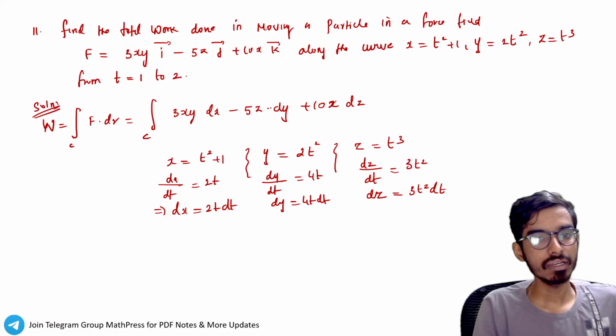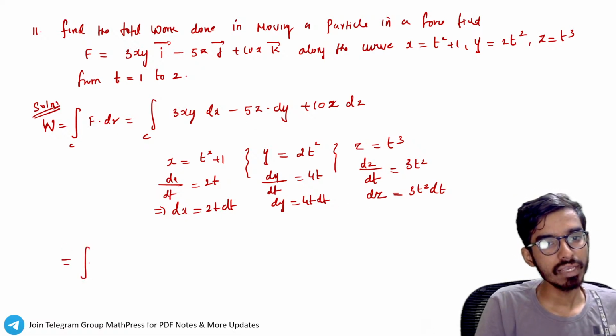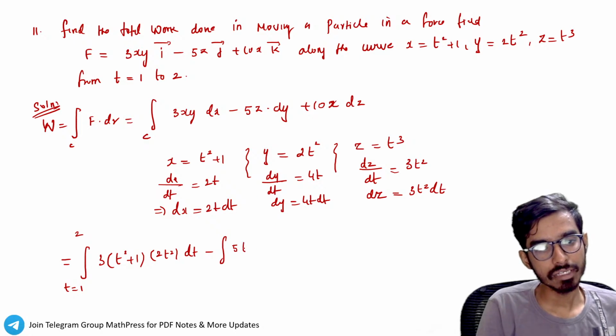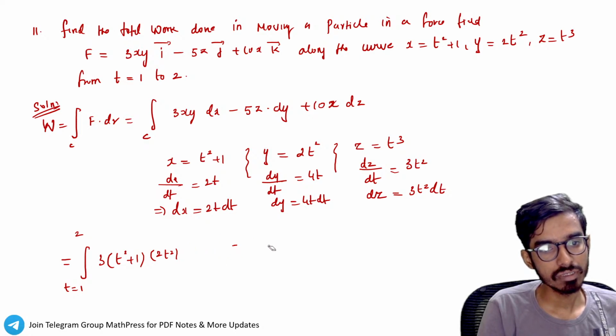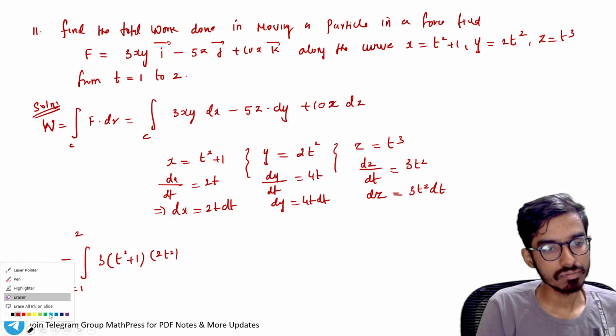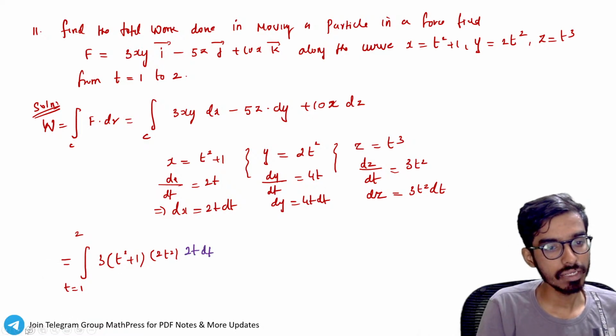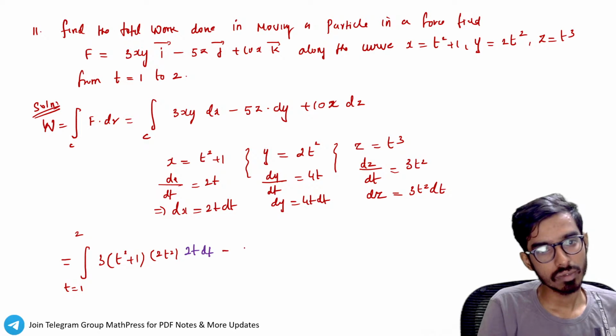So we'll convert everything in terms of t now. They are given t varies from 1 to 2. So integration of 3 times x times y dx, minus integration of 5 times z dy, plus 10 times integration of x dz. Here z is t cube, and dx is 2t dt, minus 5 times integration of z into dy.